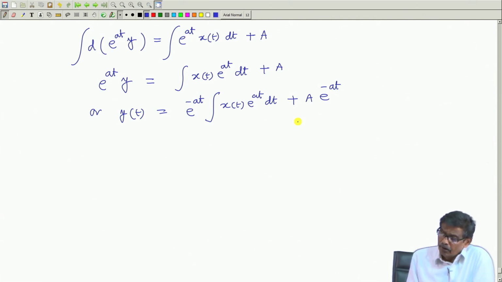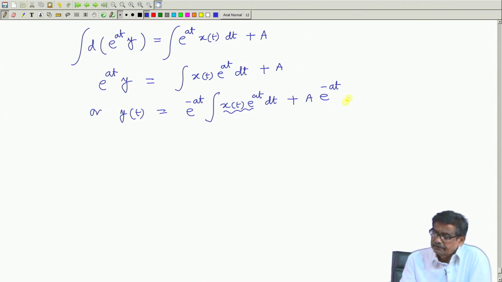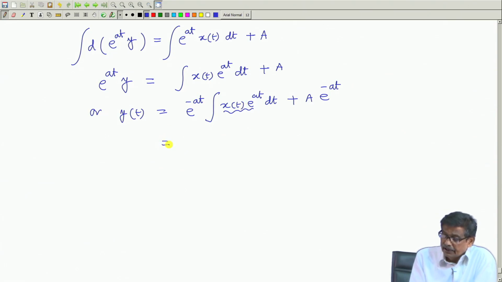Now, this integration, this is fine, but here is an integration which is a product of two functions. So, this integration I will expand. e to the power minus a t was there already.